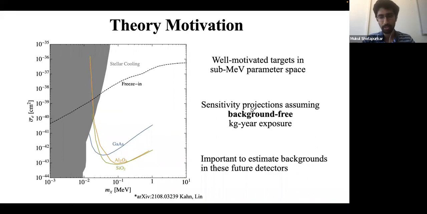But it's an important caveat to keep in mind that these projections are assuming background-free detectors. And it's important to estimate backgrounds in these future detectors, because if there are significant backgrounds, then of course these sensitivities change when you plot actual constraints from data, and we might miss out on probing these very interesting candidates because of this.